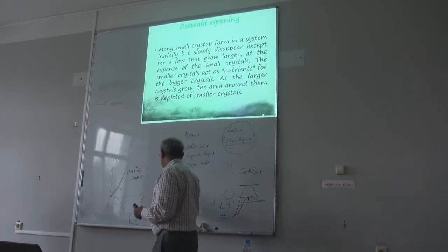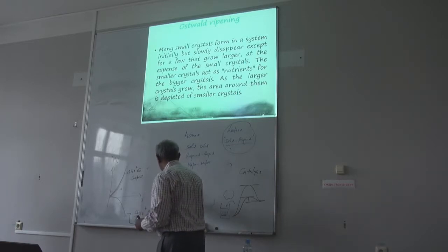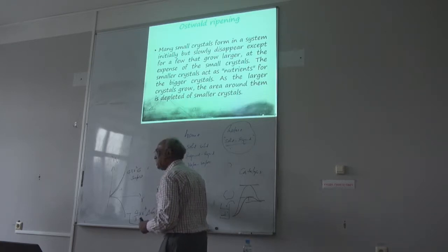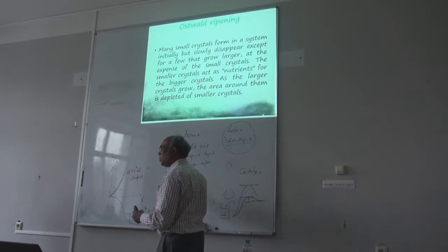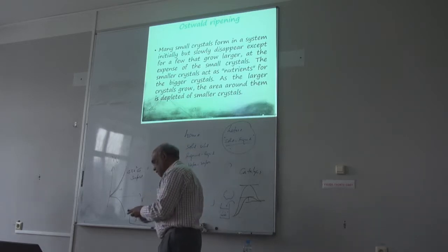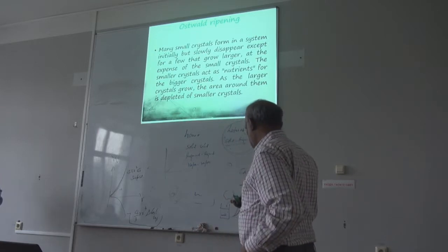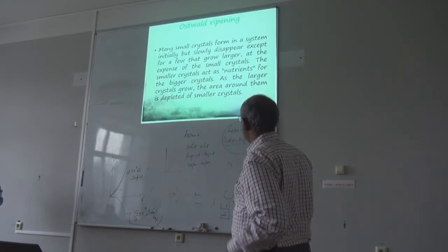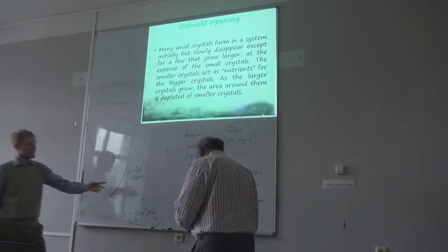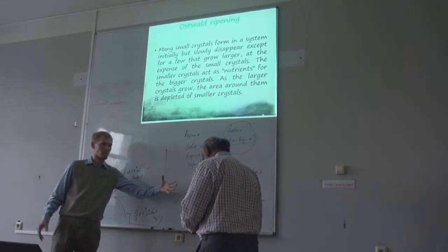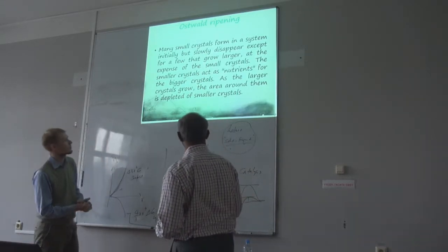If this one comes together and makes a large particle, that will like to take the other particles and make it larger. That always happens if you have particles dispersed like this. This is an important thing: the big particle is becoming bigger.